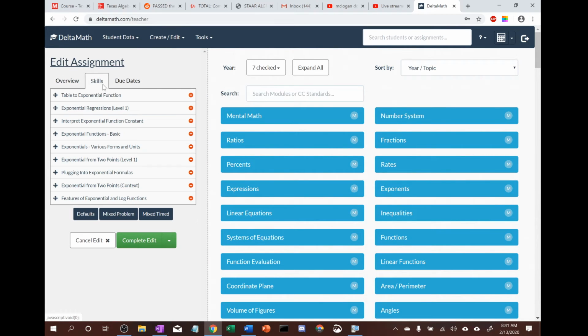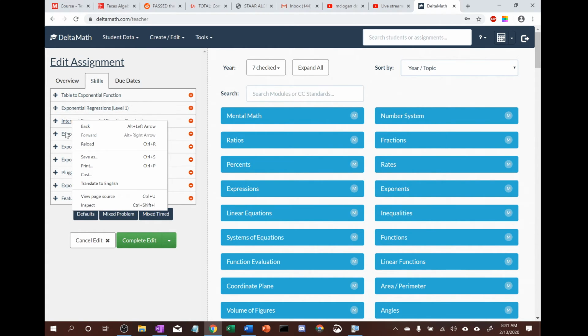Let me show you some of the skills here. Don't try to do it all. Stuff is due on Monday. All right, so please do not try to do this homework today. You have not learned how to do table to exponential function. You have not learned how to do exponential regression, but we might be able to look at this.